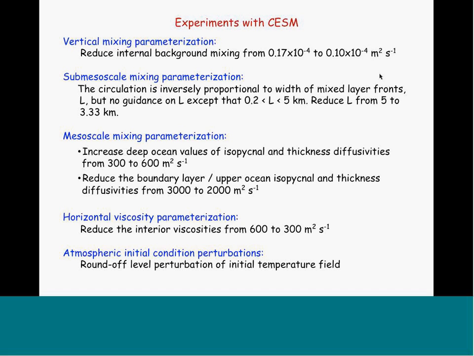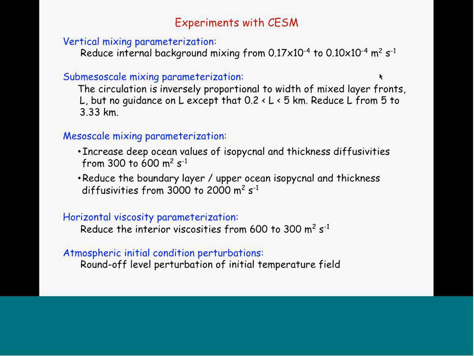An important change that I made is the sub-mesoscale mixing parameterization. Essentially, these are all subgrid scale processes, used in process model studies. In the sub-mesoscale mixing parameterization, there is a specified parameter representing the width of the mixed layer fronts.